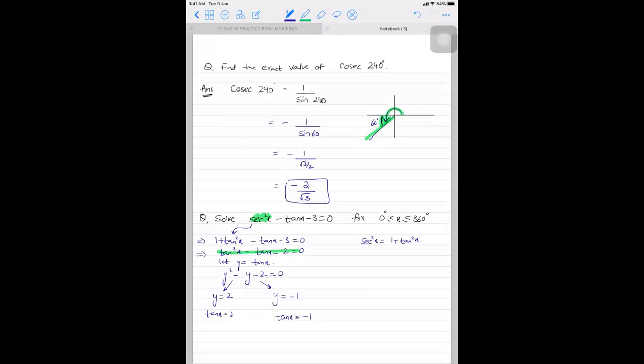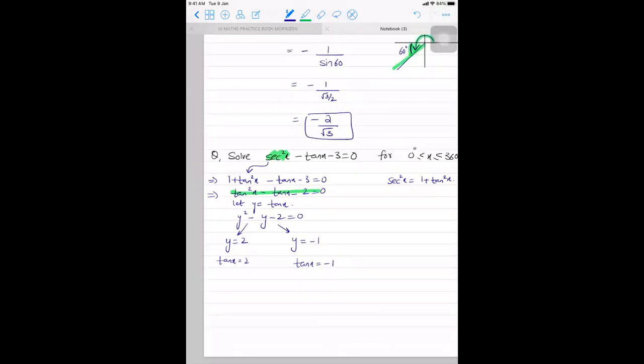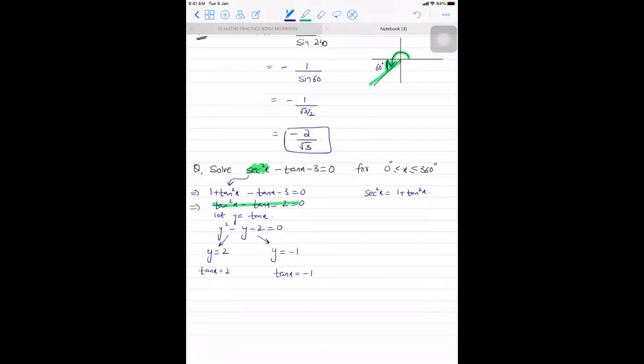We want the angles from 0 to 360 degree. So how am I going to solve tan x equals to 2? Tan x is equal to positive 2. So tan x is positive in the first and the third quadrant. I'll find the basic angle first by taking tan inverse of 2. Tan inverse of 2 comes out to be 63.43.